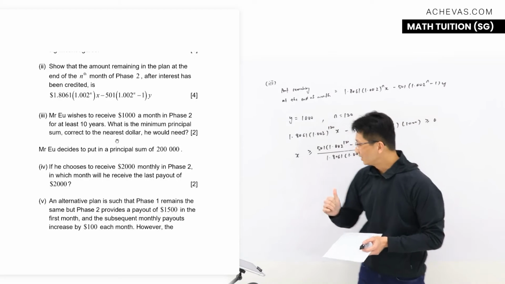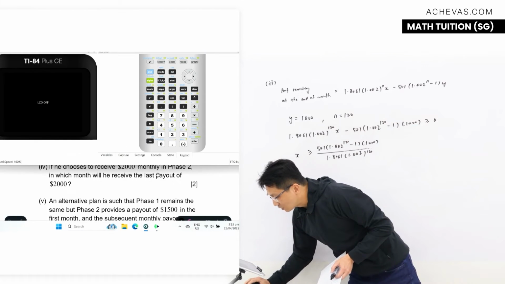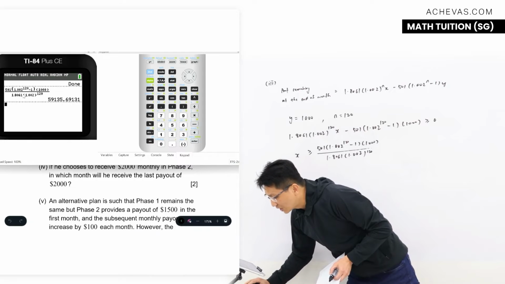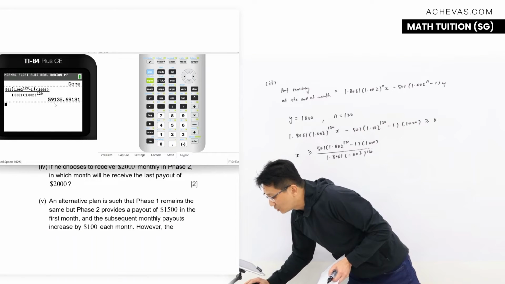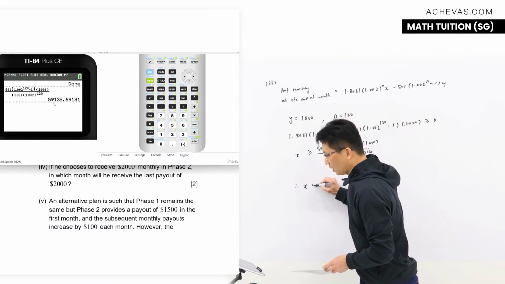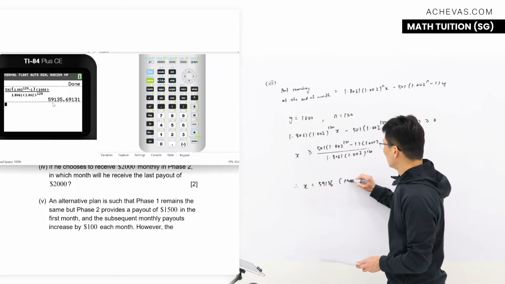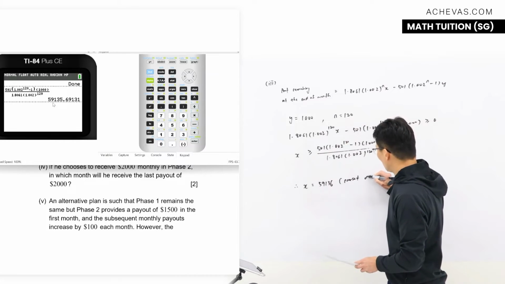I can just key this expression into our GC and solve for the value of x. Okay, let's go to our GC, which I've already keyed in here. I get x to be equal to 59136 to the nearest dollar.